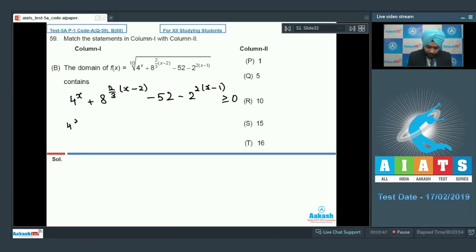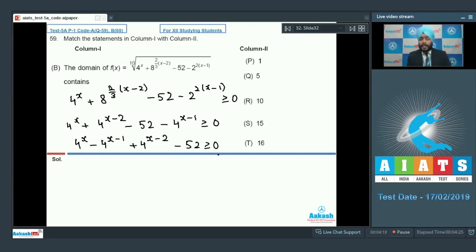So we have 4 raised to power x, 8 raised to power 1 by 3 is 2, 2 raised to power 2 is 4. So 4^(x minus 2) minus 52 minus 4^(x minus 1) greater than or equal to 0. So 4^x minus 4^(x minus 1) plus 4^(x minus 2) minus 52 greater than or equal to 0.